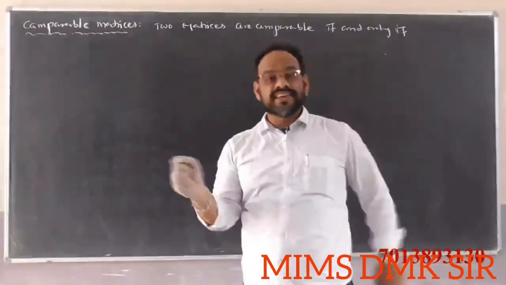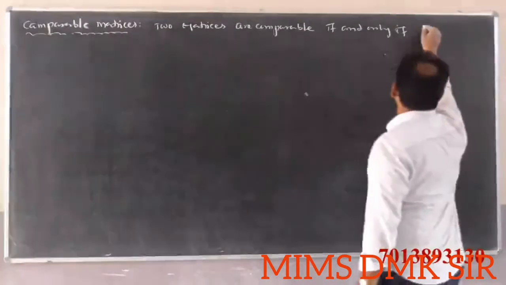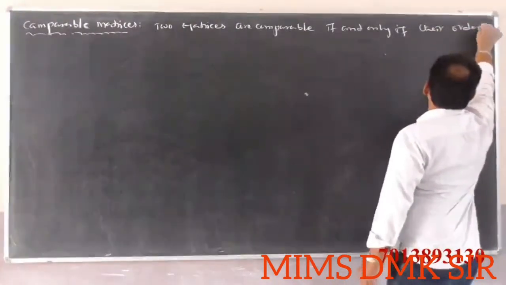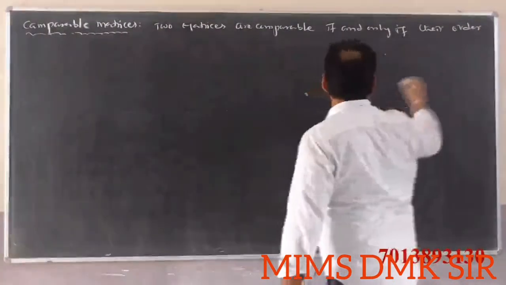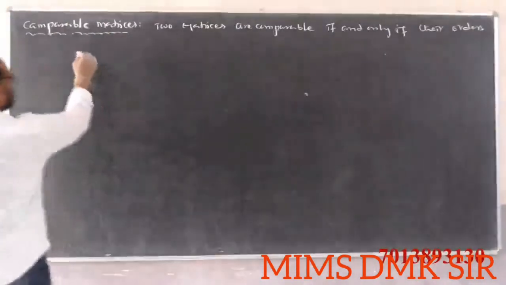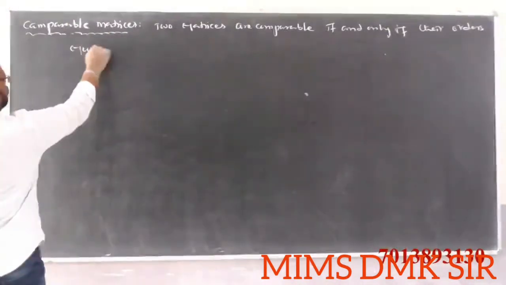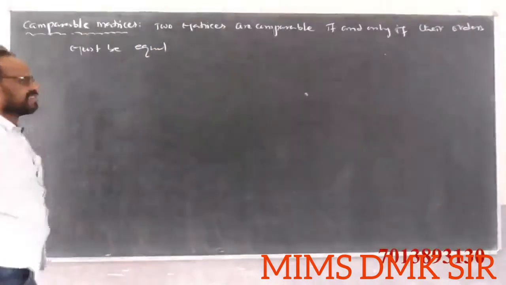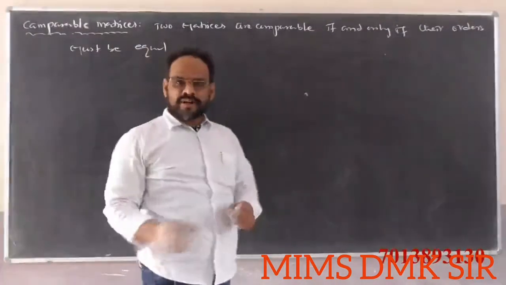Their orders must be equal. If and only if their orders must be equal or same, then only are two matrices comparable.